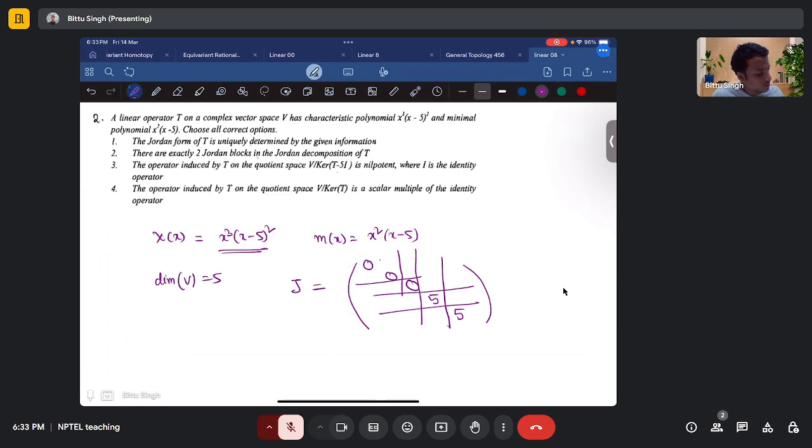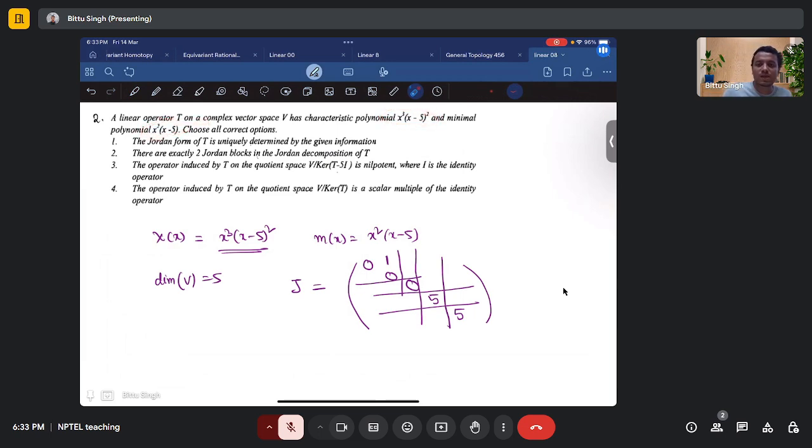Jordan blocks means just above the diagonal entries there should be some 1. So this is the Jordan form corresponding to T, and it is clear that this must be uniquely determined from those two pieces of information only.